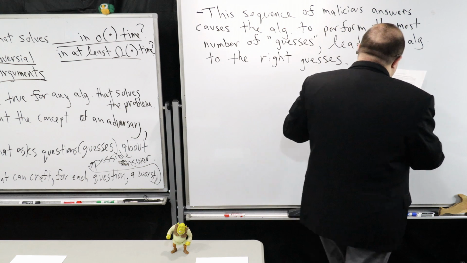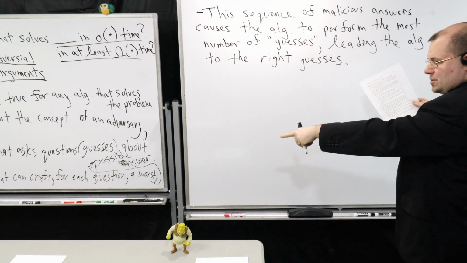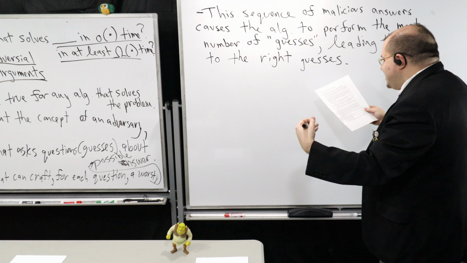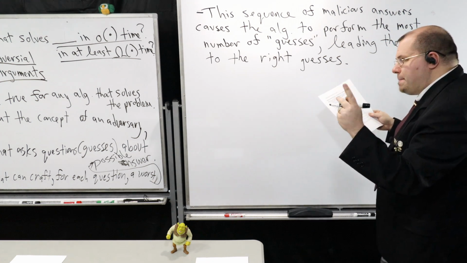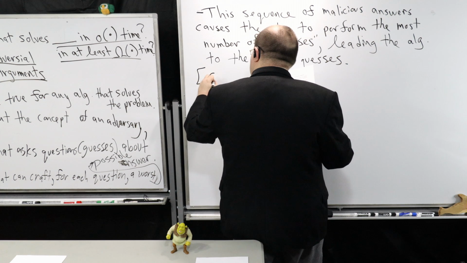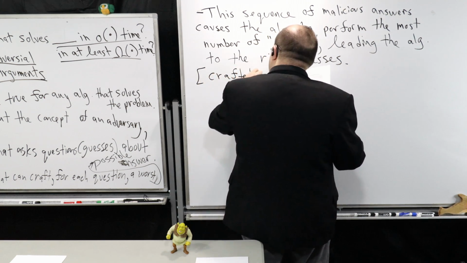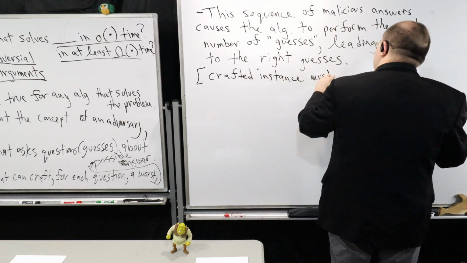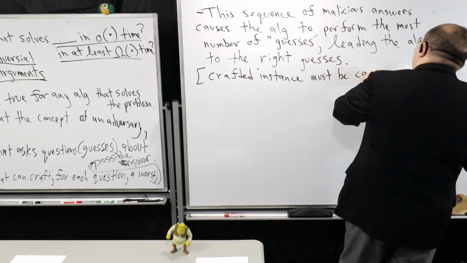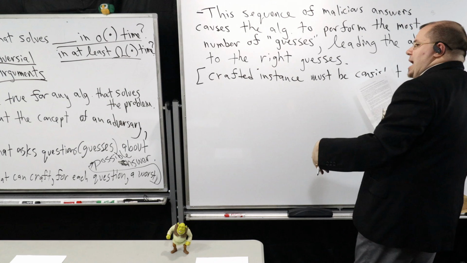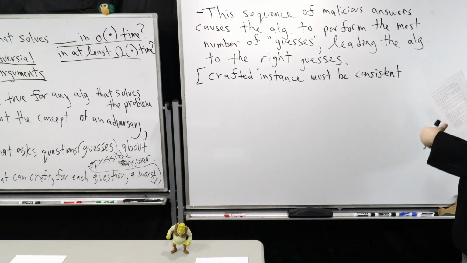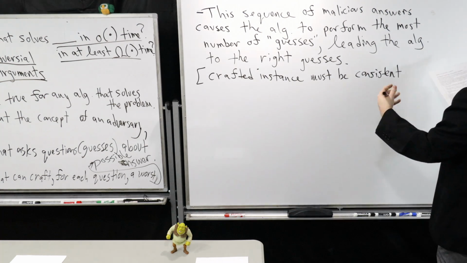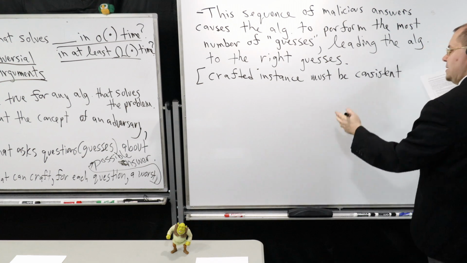So the one thing I want to stress about the way the adversary crafts the instances is that it has to be consistent with one input. So it's not like my lovely adversary can make up any sequence of guesses. It has to be still something that resembles a problem instance, one of the inputs for our problem.